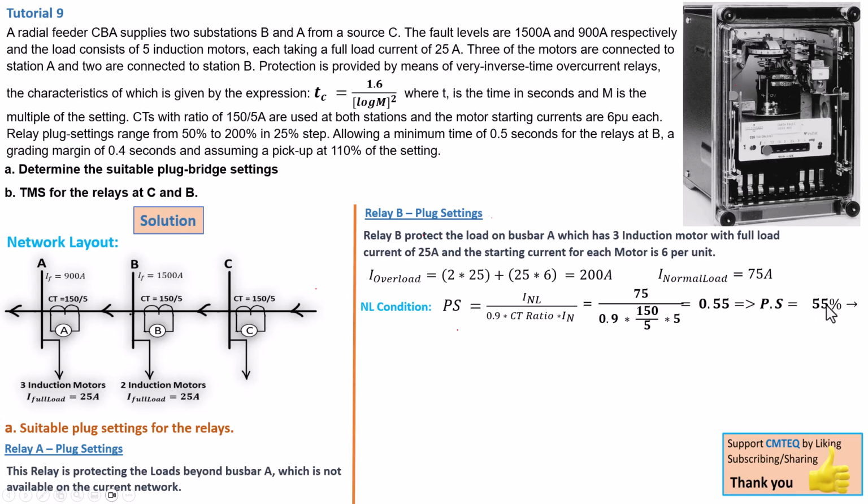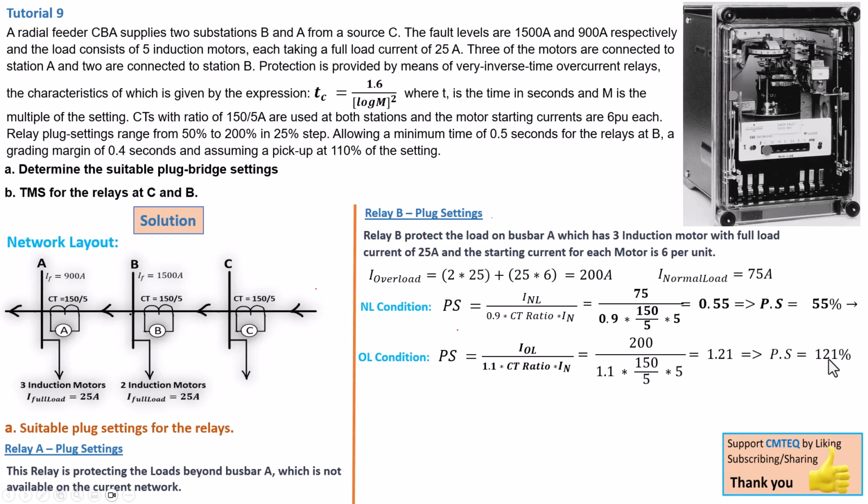But now we cannot stop there. We need to get the overload condition. As we've already calculated the current of 200 amps, we have to use the pickup setting of 110%. That will result in 200 divided by 1.1 times 150 divided by 5 times 5, and that gives us 1.21, which is a plug setting of 121%.